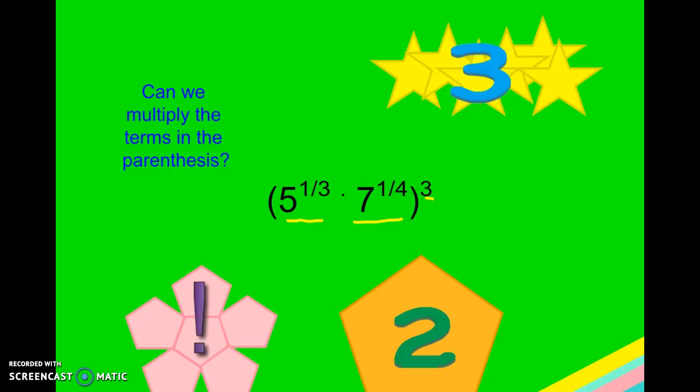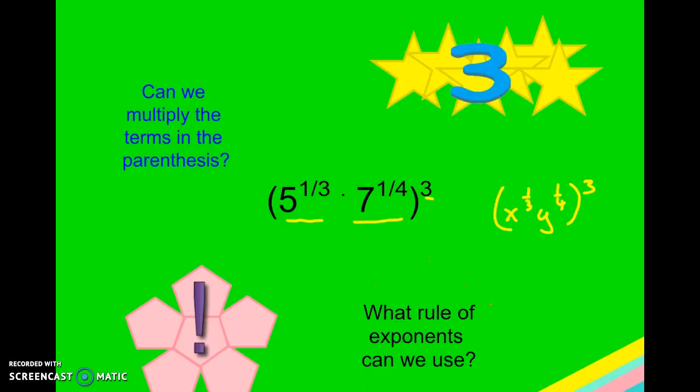So be thinking of this expression like, what if we had x to the 1/3 power times y to the 1/4 power, and that was cubed. We can't take x to the 1/3 power times y to the 1/4 power because the bases are not the same. So the next thing we look at is, well, what rule of exponents can we use?